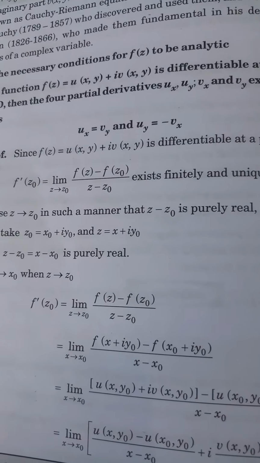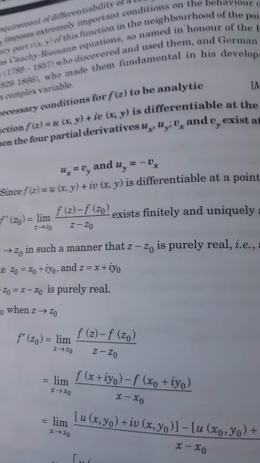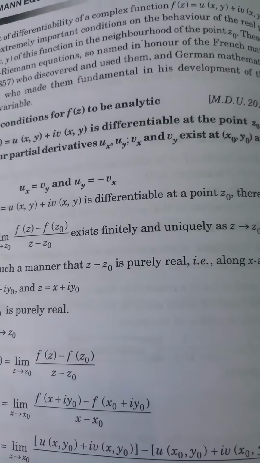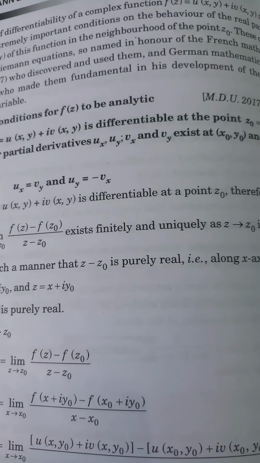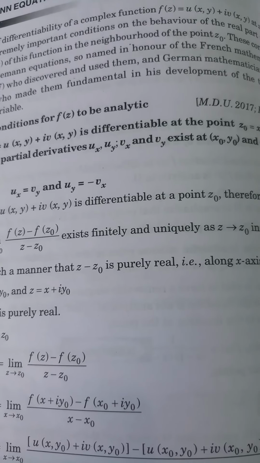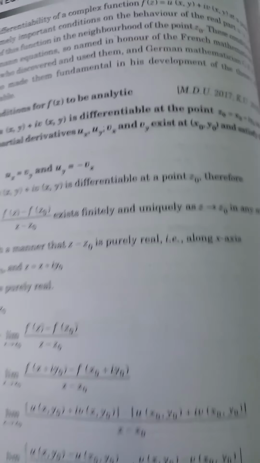These are the Cauchy-Riemann equations: ∂u/∂x = ∂v/∂y and ∂u/∂y = -∂v/∂x.